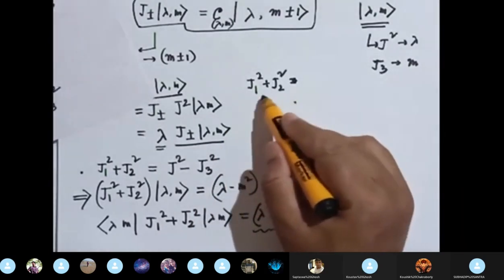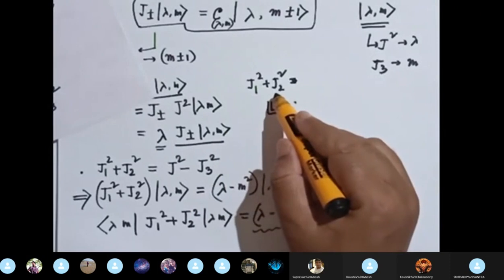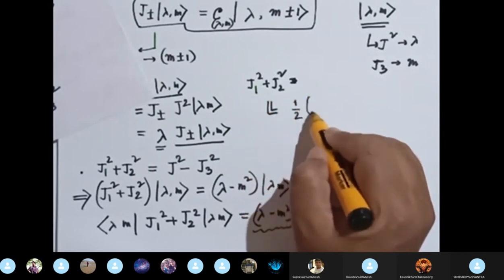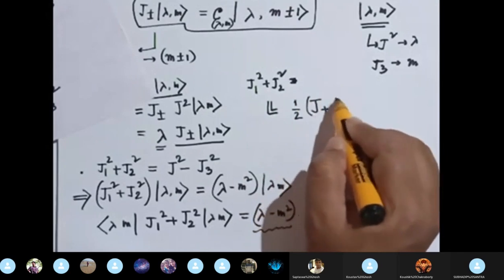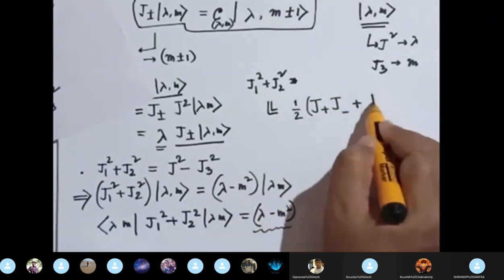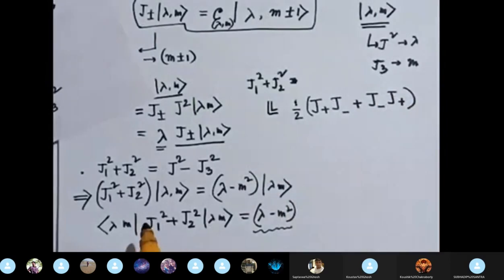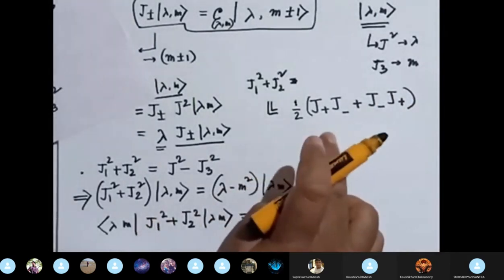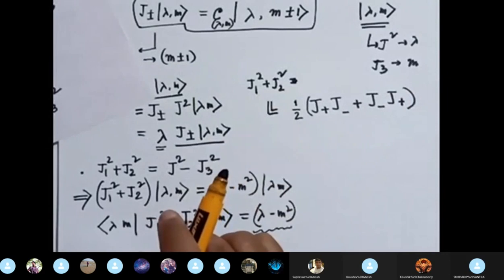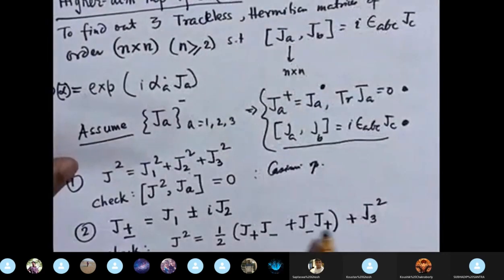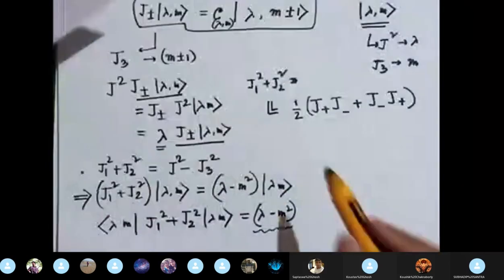Can you write J1 square plus J2 square in terms of J plus and J minus? I can write this always, because if you open it up, you will get this. I have shown here that J square is this, so this is J1 square plus J2 square, and this is J1 plus J2 square.